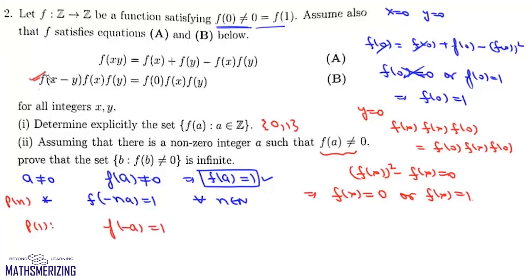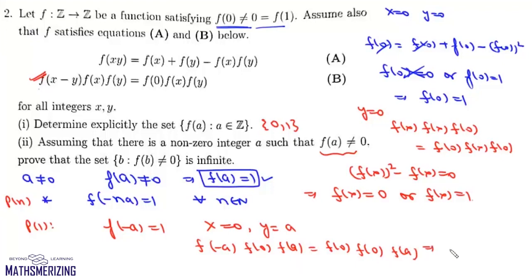Now in this equation, if we put x as 0 and y as a, we'll write f(-a) into f(0) into f(a) will be equal to f(0) into f(0) into f(a). Now f(0) is 1 and f(a) is also 1. So from here we can say f(-a) equals 1, that is P(1) is true.